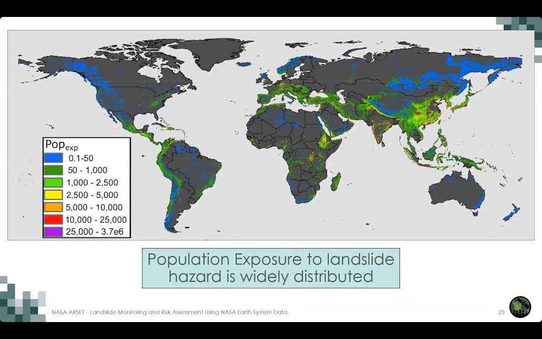You can see that the mountain ranges where we might expect increased landslide hazard, like the Alps and the Himalayas, are clearly shown, but there are also parts of the global south, including Central Africa, West Africa and Indonesia, where there are extremely high levels of landslide hazard and exposure of populations. These are the kind of data that we can only generate using satellite imagery. I'll explain why that's the case in coming slides.